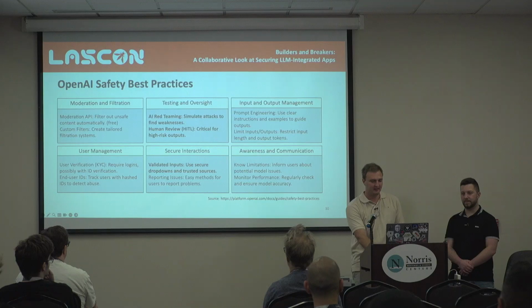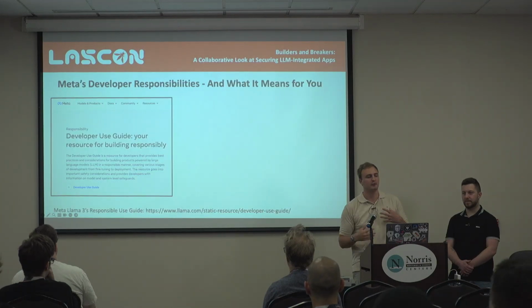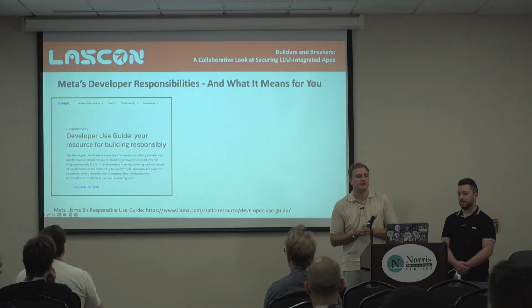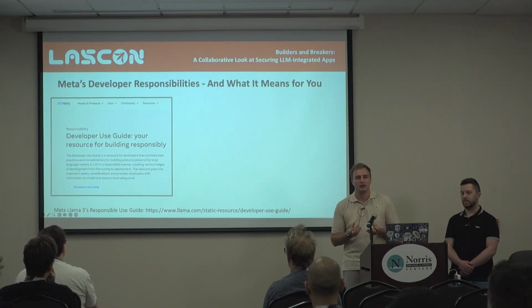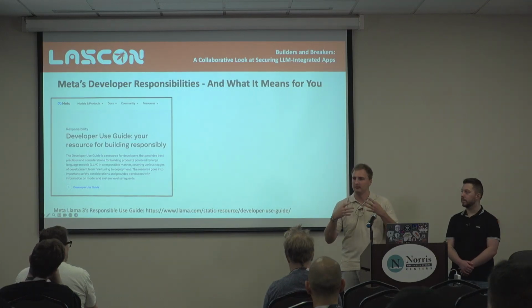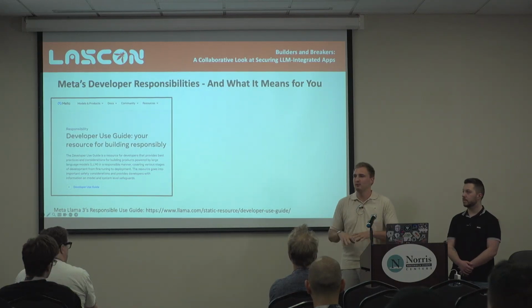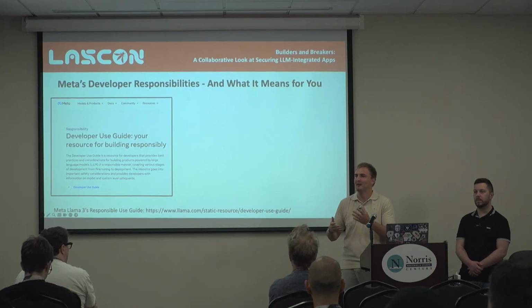But those are their recommendations. And now I want to show you Meta's developers' responsibility. I think they are a very good example of the shared responsibility that we now have as developers, where we build applications using their models. They've put this guideline up, but they don't provide any sanitizers or moderation API.